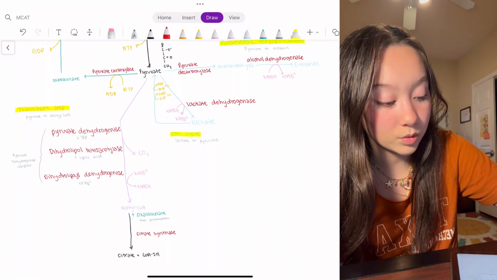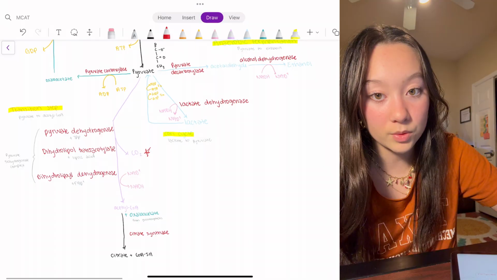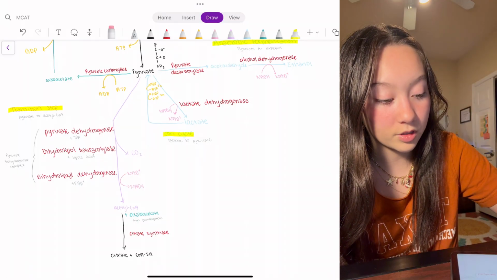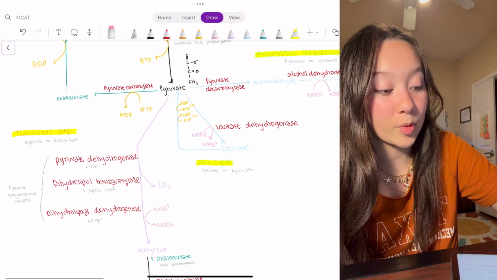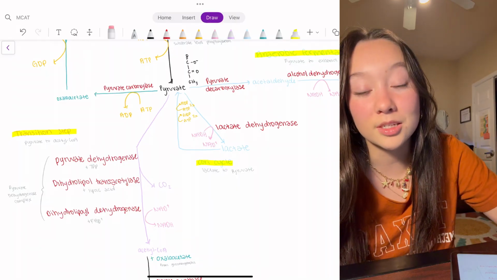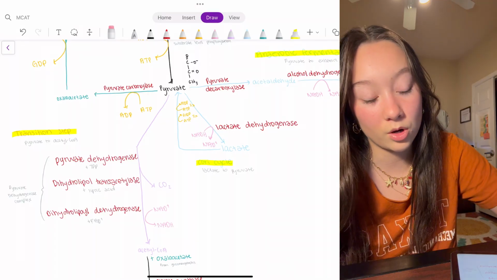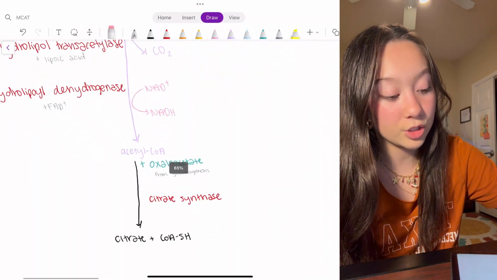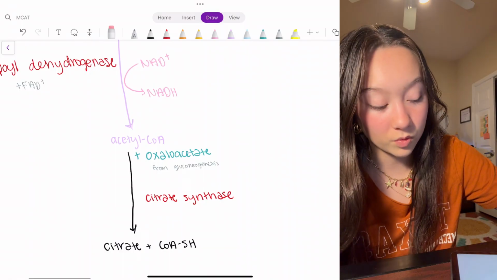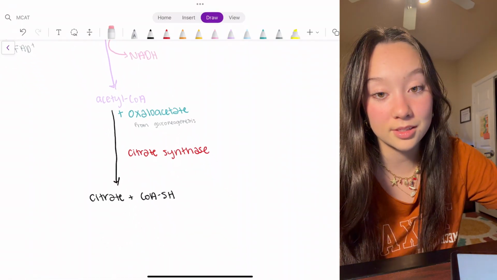We lose 1 carbon going through the transition step to make acetyl-CoA, which has 2. Now for oxaloacetate, if you remember, pyruvate goes to oxaloacetate, but it's a carboxylase, which means it's going to be adding on a carbon. So oxaloacetate is actually going to have 4 carbons. So we're adding a 2-carbon molecule plus a 4-carbon molecule. So citrate plus CoA-SH will have 6 carbons.